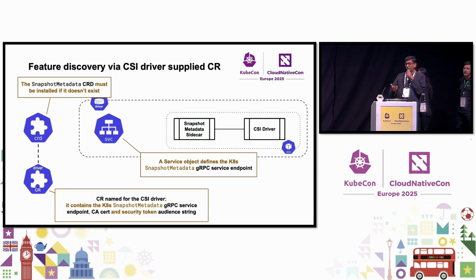Typically, a CSI driver will install a service object, and the service object will have information, such as the namespace of the CSI driver, that can be used to create a DNS name. The CR is also required to have a CA certificate and an audience string. This is for mutual authentication, as you'll see in the next few slides, and so security authentication.